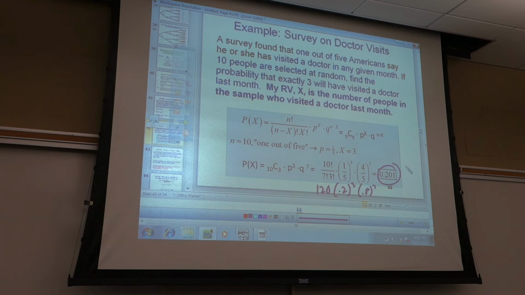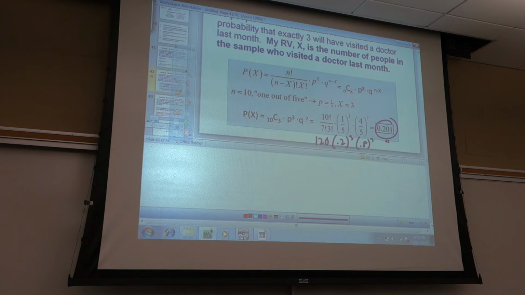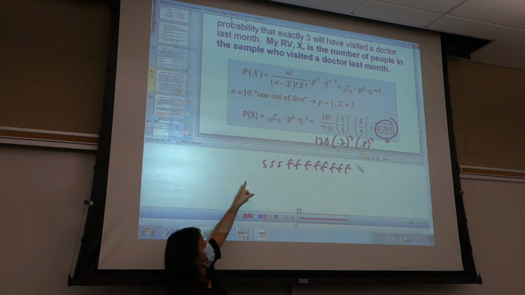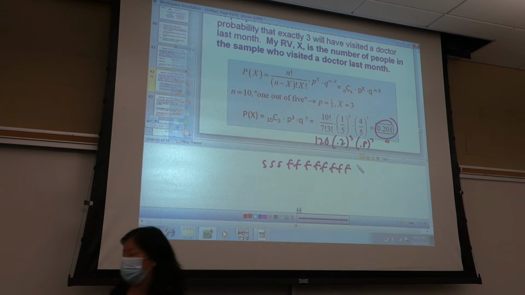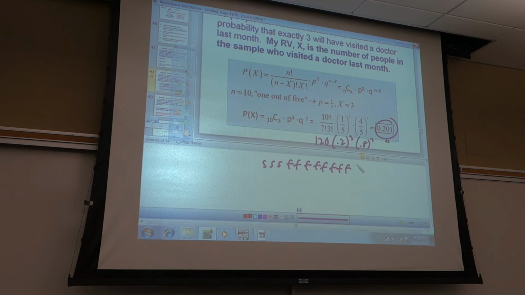Another way of looking at this is to think of it as I have 10 spots: success, success, success, fail, fail, fail, fail, fail, fail, fail, and one more fail. That's one way, on the tree, of getting 3 successes and 7 failures. Sorry, I said 8, my bad. Only 7 of them.